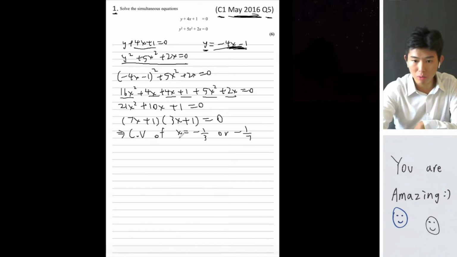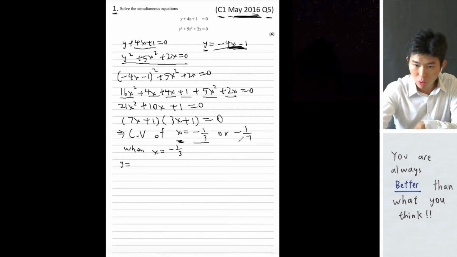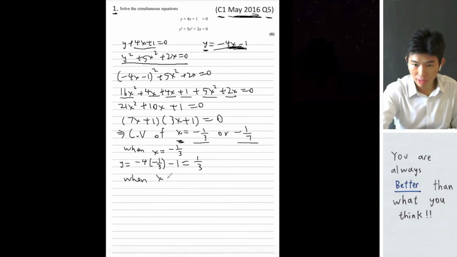This is the value of x, and now we have to find y. When x equals minus 1 over 3, I substitute the x value into the first equation: minus 4 times minus 1 over 3, minus 1, which is 1 over 3. When x equals minus 1 over 7, y is minus 4 times minus 1 over 7, minus 1, which equals minus 3 over 7.